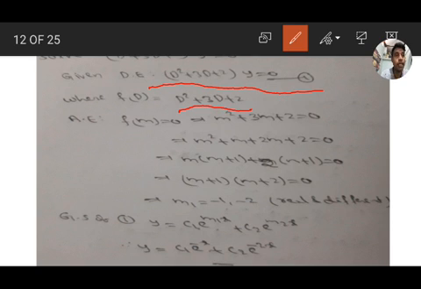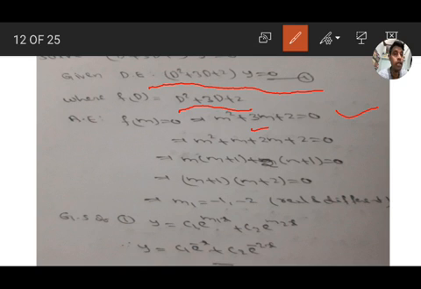So the auxiliary equation f of m equal to 0, that is, in place of D replace it by m: m square plus 3m plus 2 equal to 0. And factorization.